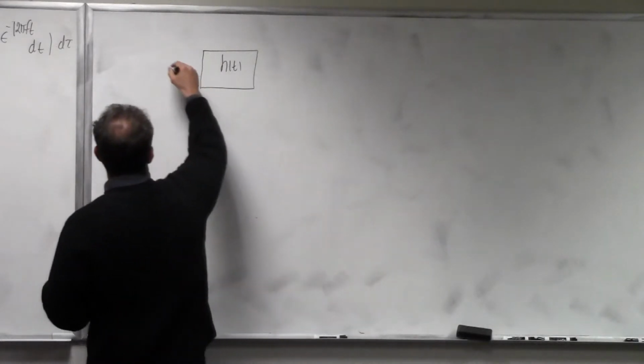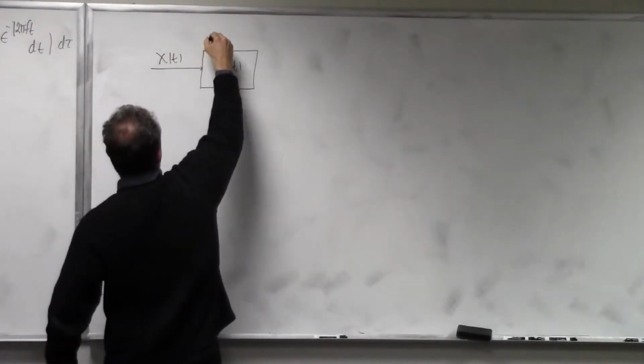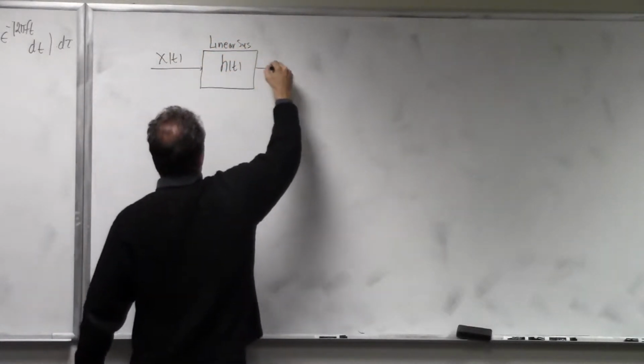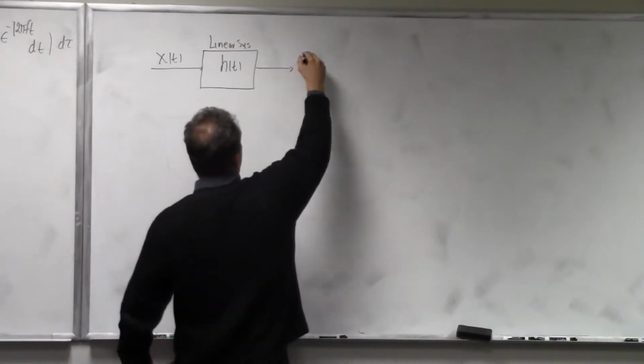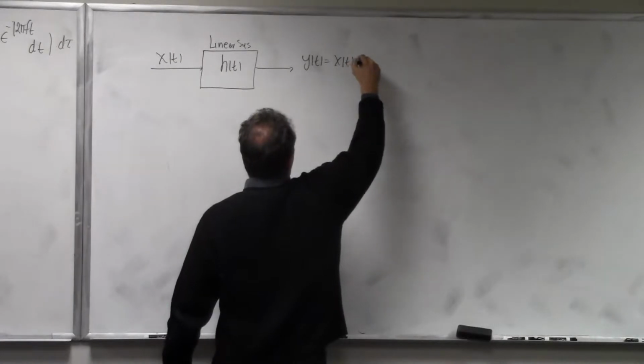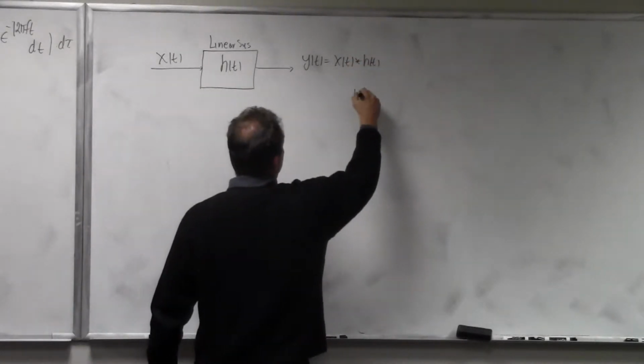So in the time domain, here is the story. I have x of t presented to my linear system, and I'm able to always calculate y of t as x of t convolved with h of t. And this is our time domain.